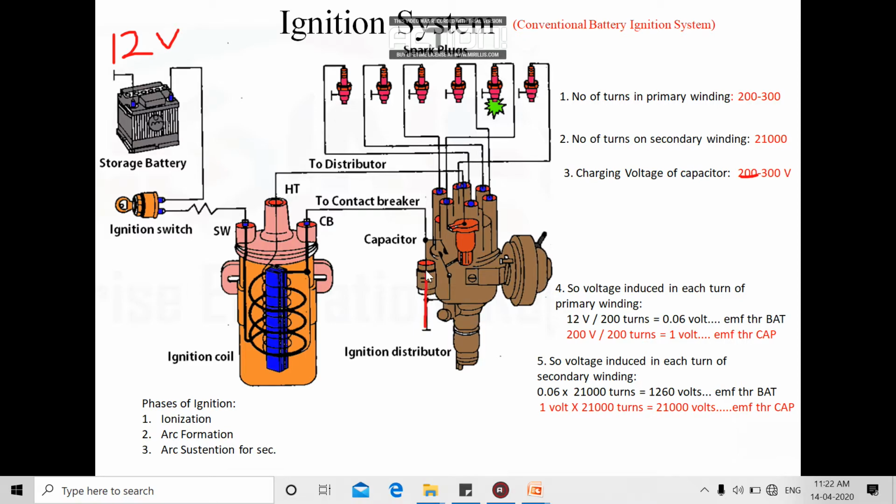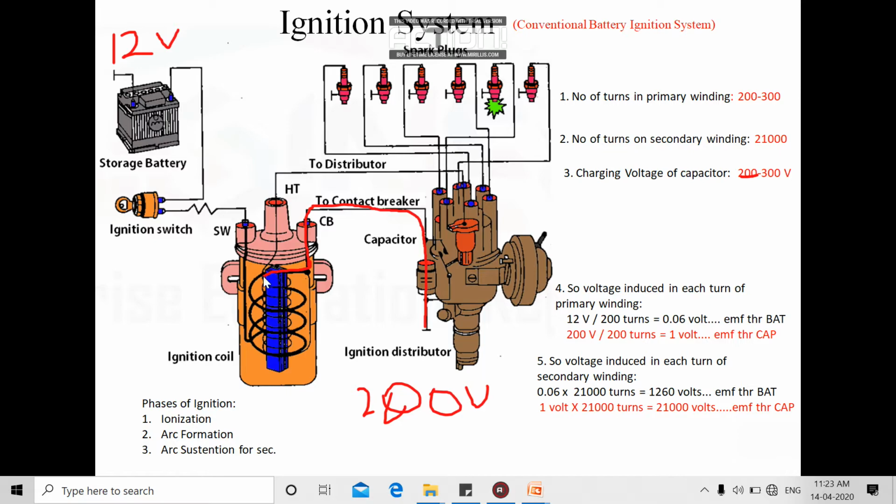Now the capacitor starts to supply the primary winding, because the capacitor is at 200 volts and our battery is at 12 volts. So there is a potential difference across the two storage devices, the battery and the capacitor. The storage device with high potential is now responsible for making the flow in the reverse direction.